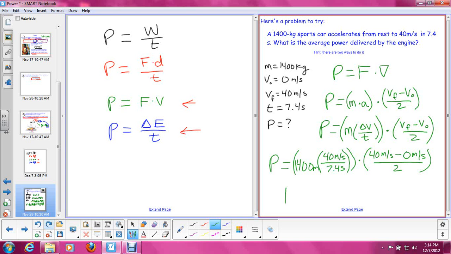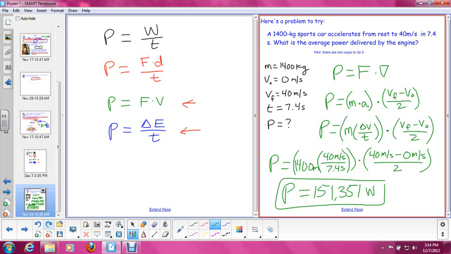And this looks really complicated, and it kind of is, and it took a little bit of algebra magic to get here. But when you plug this into your calculator, you will find that the power this engine outputs solving it this way is exactly the same answer, 151,351 watts.